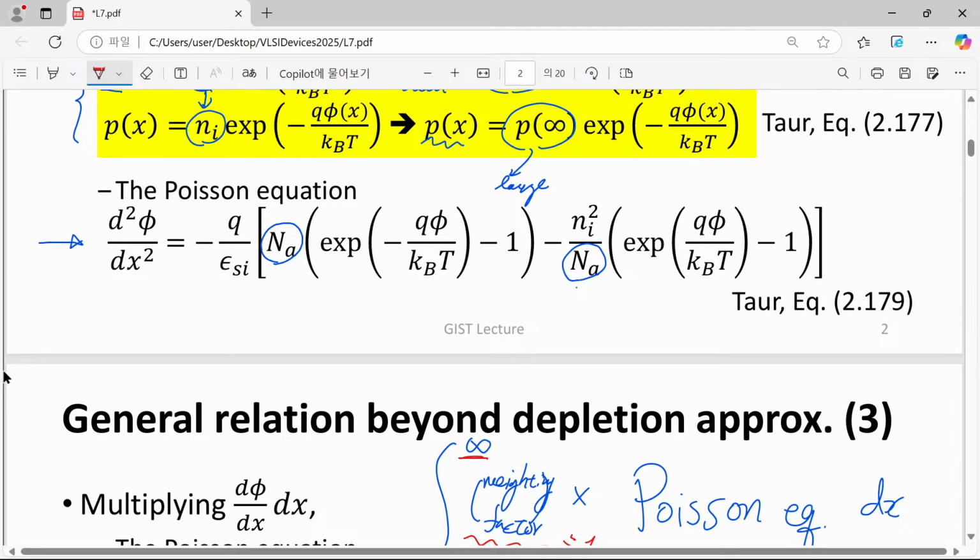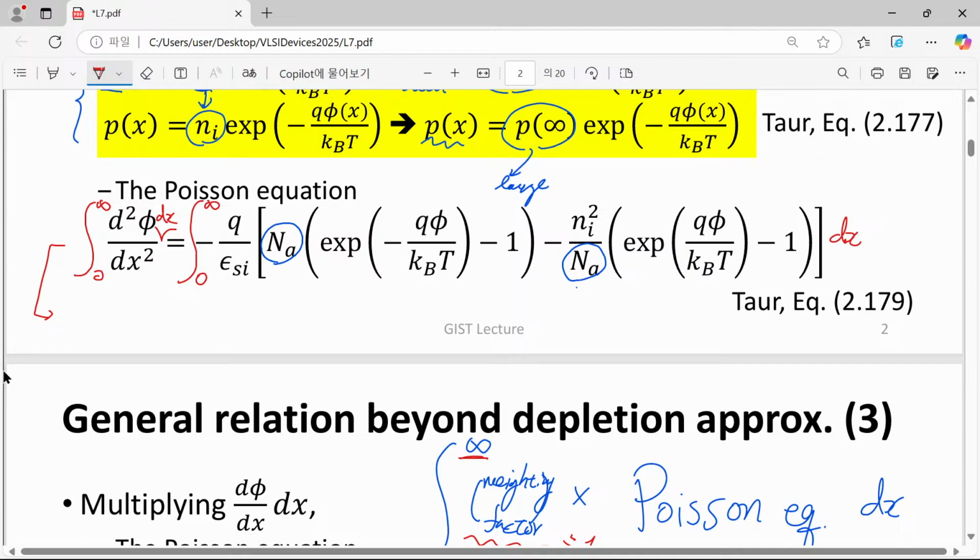Here we have the Poisson equation, and when we integrate without multiplying anything, what we will get is integration over a certain domain starting from 0 to infinity, and of course we must include the infinitesimal length to make this integration valid. So if we do this, then what we will have is quite clear.